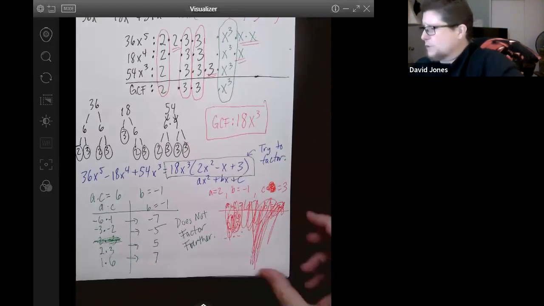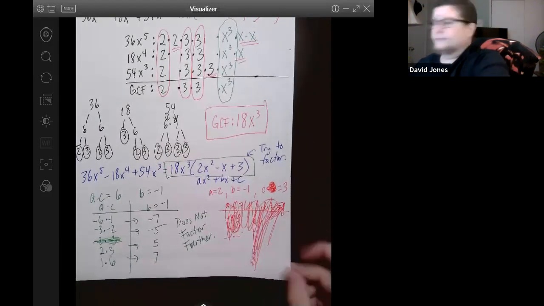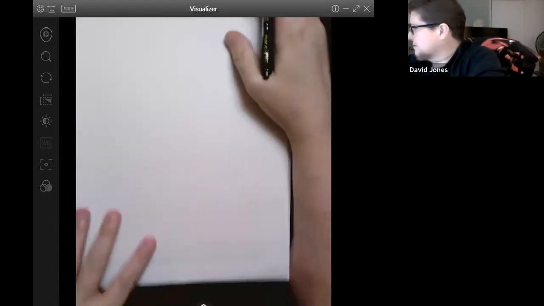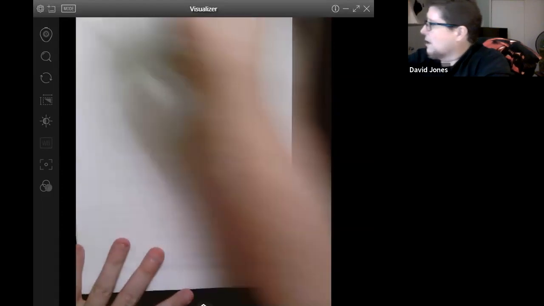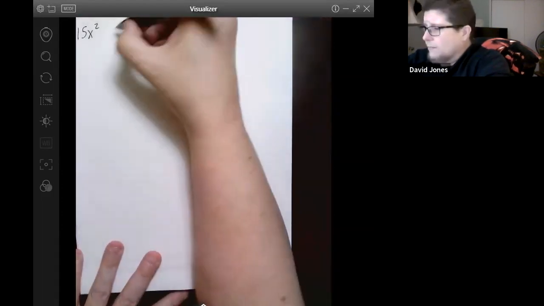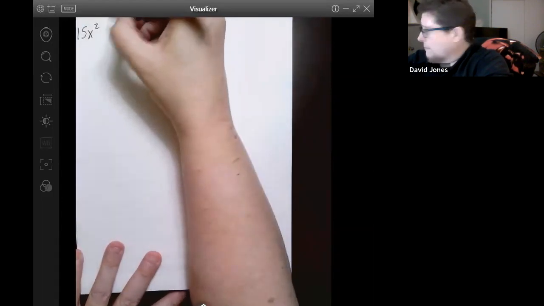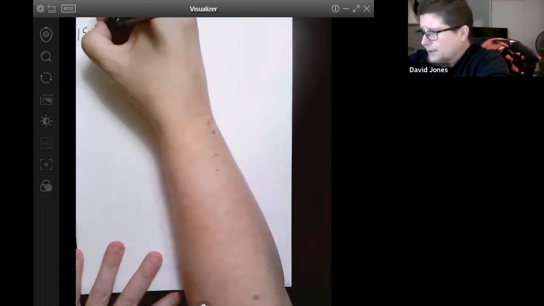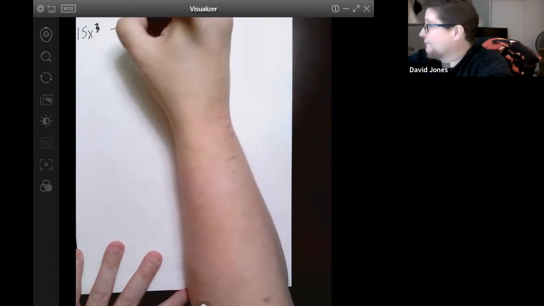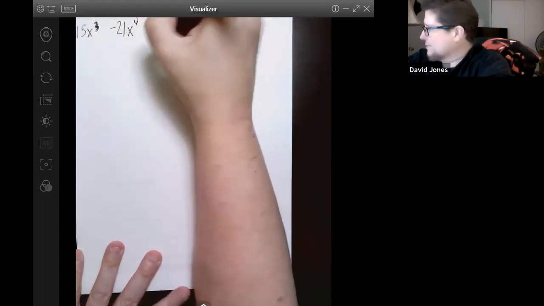Let me give you guys one to try. Let's do 15x squared. Well, no, let's do x cubed. 15x cubed minus 21x to the 4th plus 6x squared.